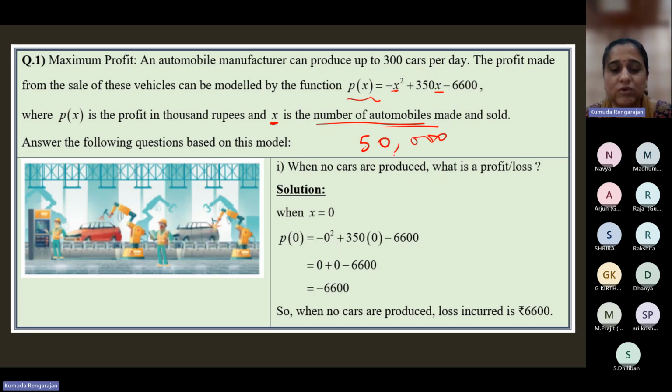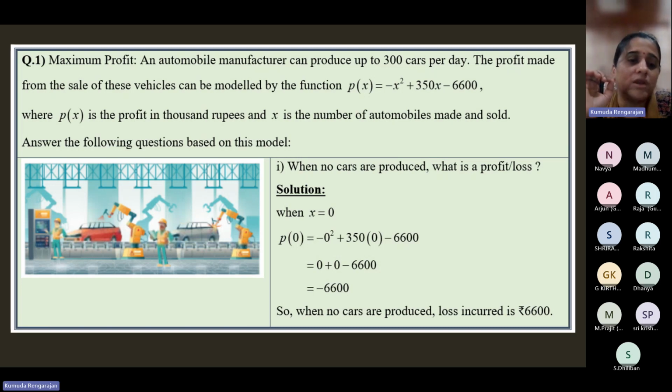So 50,000 it is. If they say the profit is in lakhs of rupees, then add 5 zeros. If you get 50, 50 lakhs is the profit.